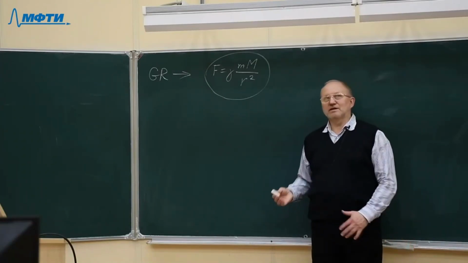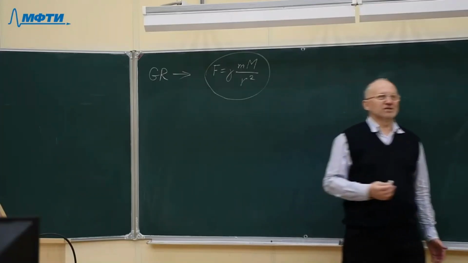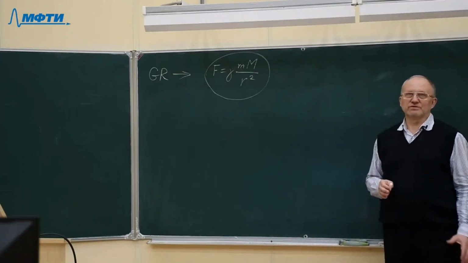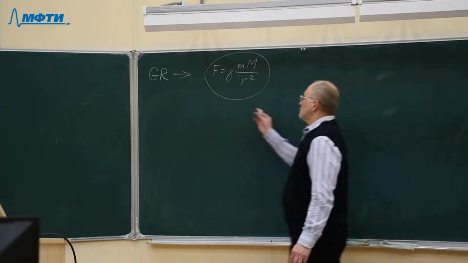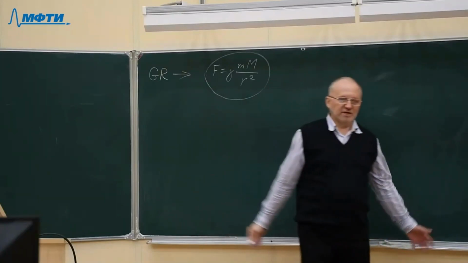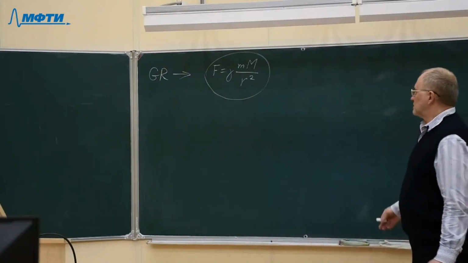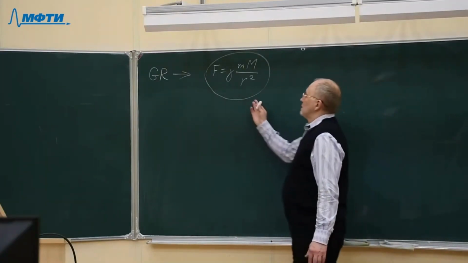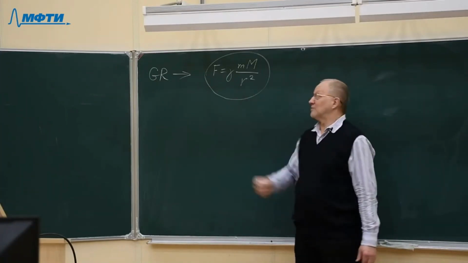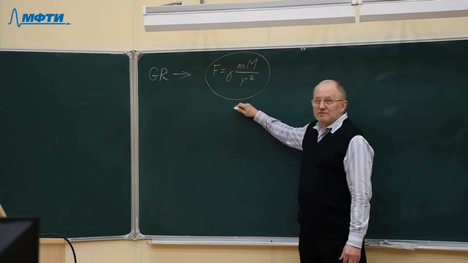What is weak and what is strong, that's another question. But within the solar system, we have weak gravitational fields. The strong gravitational fields emerge near the black holes. We have no black holes here in the vicinity of our star. So we have weak gravitational fields in the solar system, and this law therefore works perfectly.